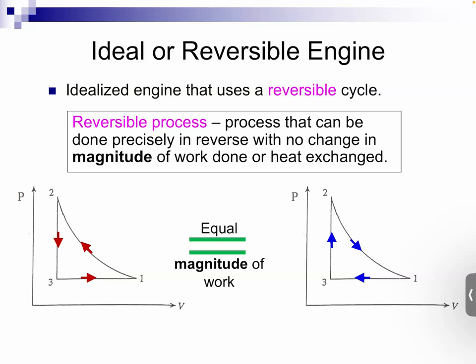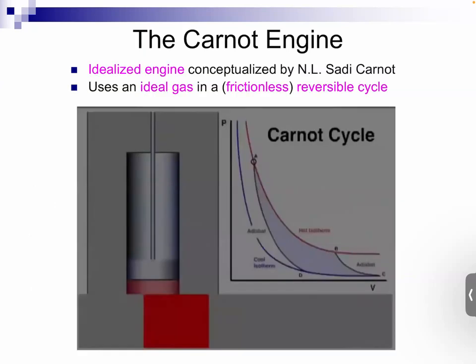So let's look at an example of an ideal engine, or an example of a perfect engine. An example of a perfect engine is called the Carnot engine. Okay, it's not real. There's no real Carnot engine in real life. It's just an idealized engine that was conceptualized. So it's just in the mind of the French engineer Carnot.